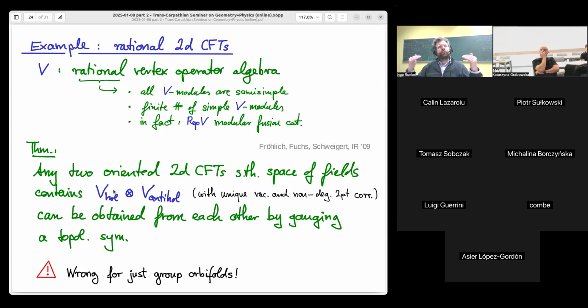If you do SU(2) Wess-Zumino-Witten models, you may know that they are classified by an ADE classification, and at a fixed level, all these Wess-Zumino-Witten models of type A, D or E are connected to each other by this gauging procedure. That would not be true if you were just allowed to do group orbifolds. If you didn't include non-invertible defects, that statement would not hold. But if you include them, then indeed all of them are connected by this procedure.